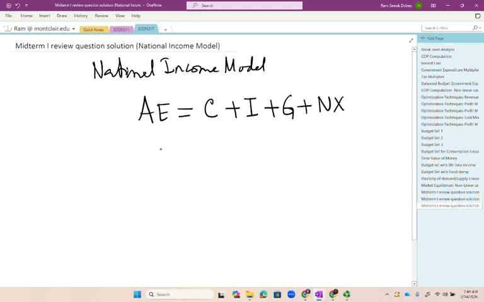And here we are provided the information that C, the household consumption, is given as 100 plus 0.75y.